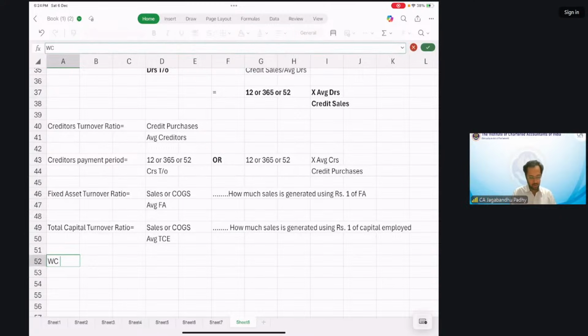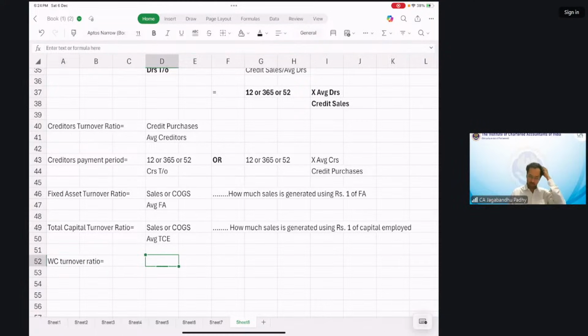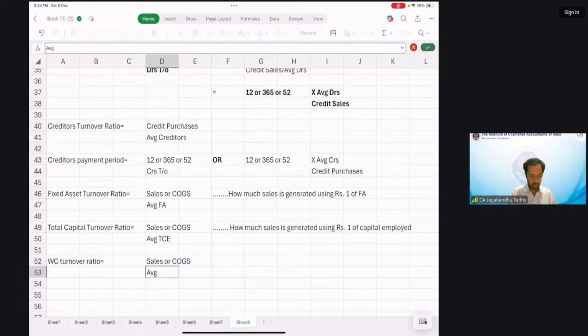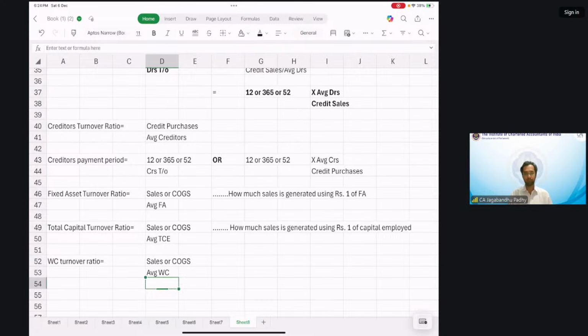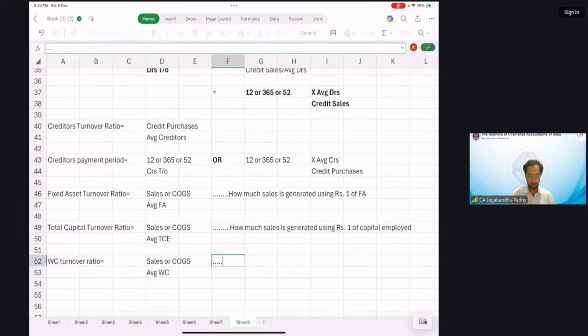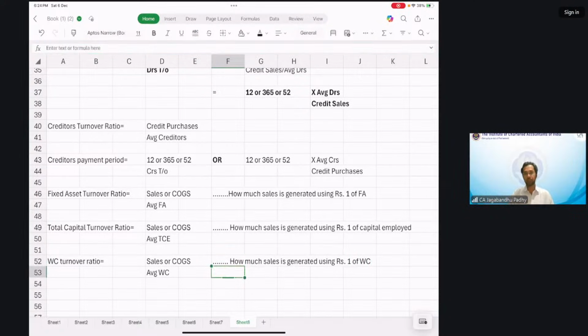You may also have the working capital turnover ratio, which is sales or COGS divided by average working capital. This tells us how much sales is generated using ₹1 of working capital. Any turnover ratio tells you how effectively you're using that particular asset.